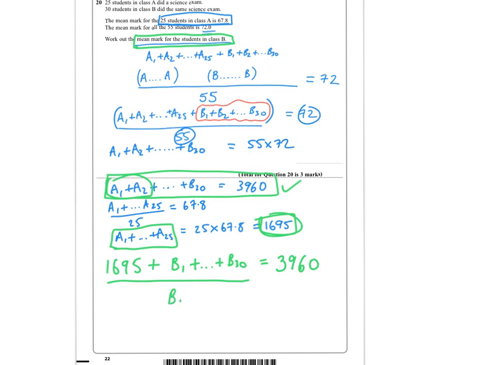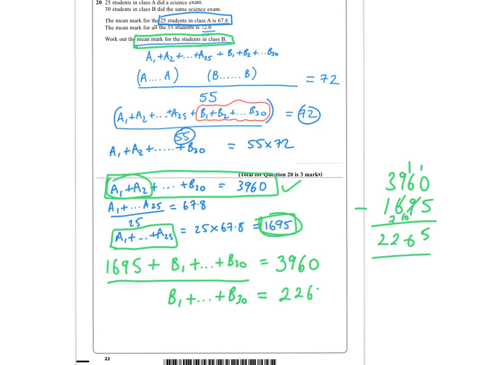So that means all the students in Class B, all of their marks must add up to 3,960 minus 1,695. So we're going to have 2,265.